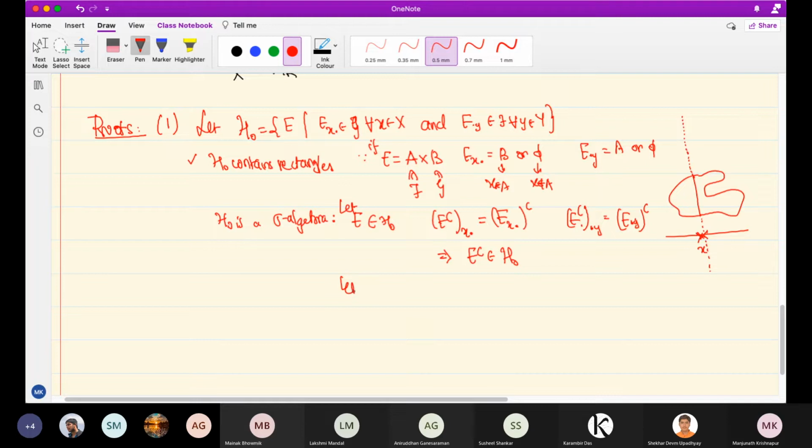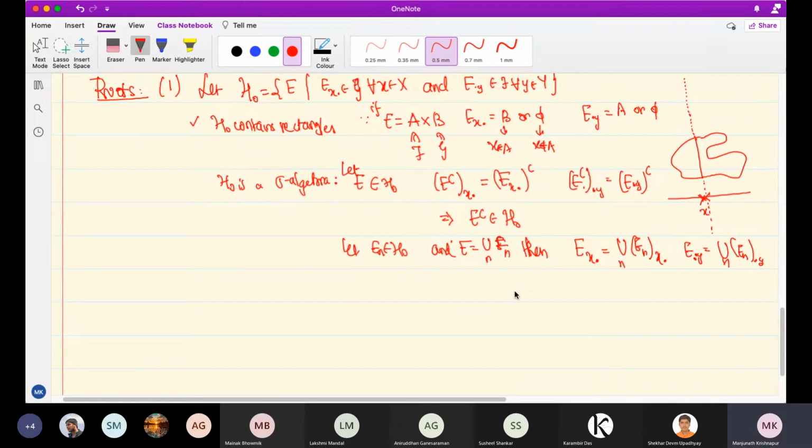And if you take E_n in H naught, then the claim is that the union of the E_n's is in H naught. If E is the union of E_n, then E_x· is just the union of all those sections, and E·_y will be the union of the E_n's y sections.